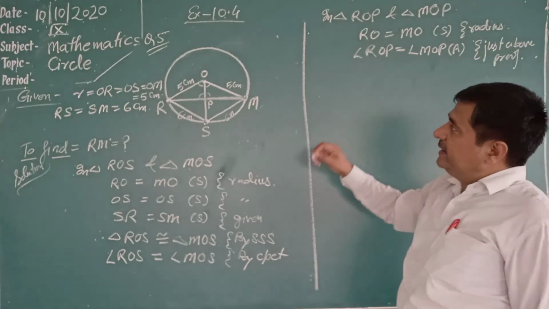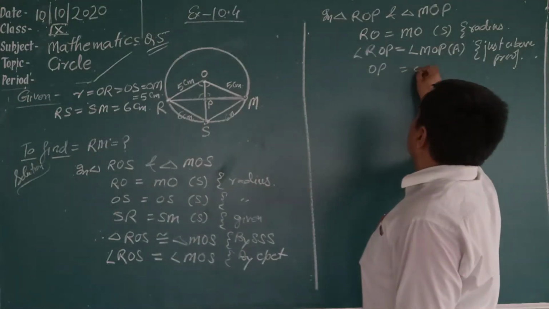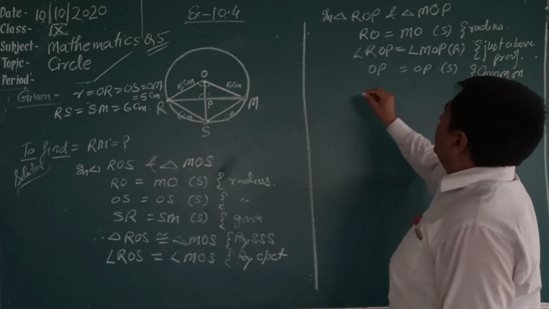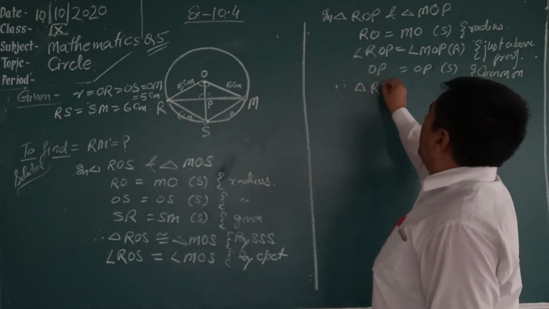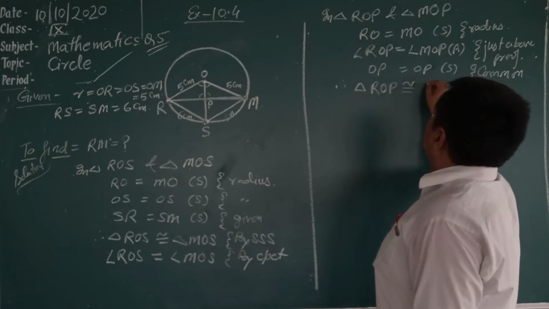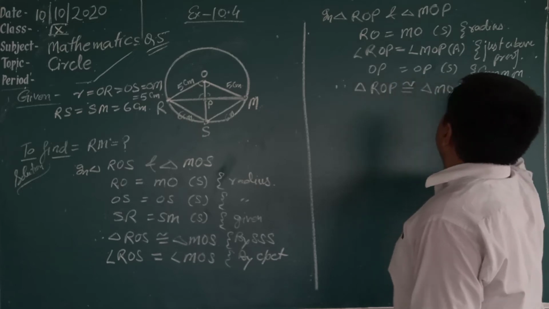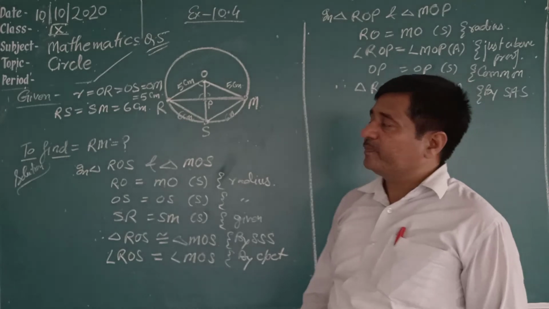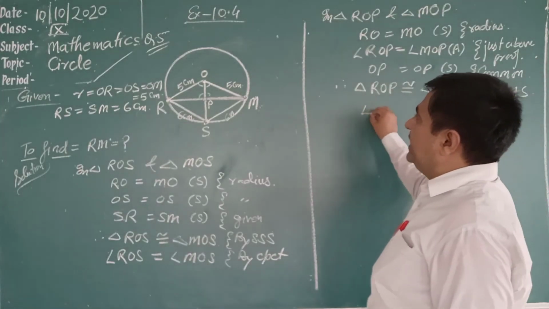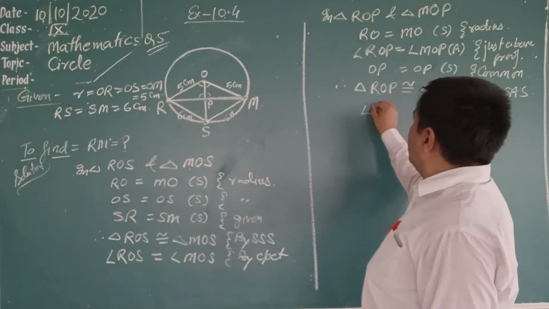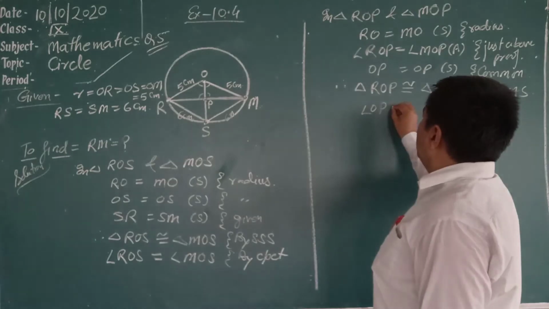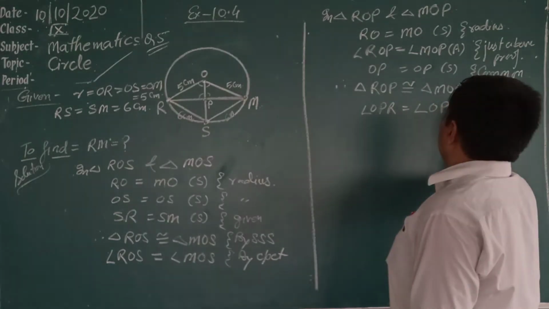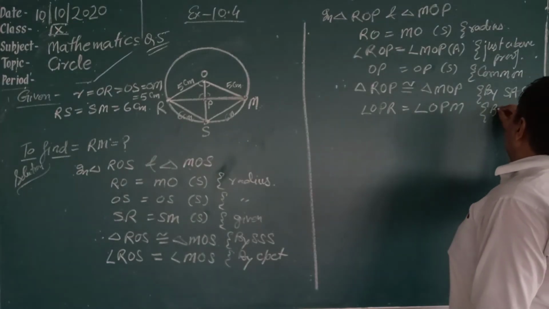Okay, and OP is equal to OP and that is a side and it is common. Okay, therefore triangle ROP is congruent to triangle MOP by SAS. Okay, by CPCT what you can say, angle OPR is equal to angle OPM by CPCT.